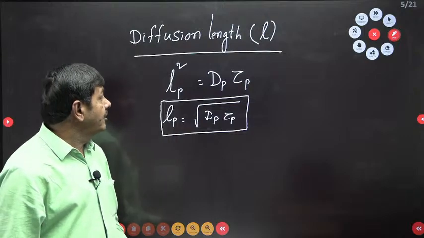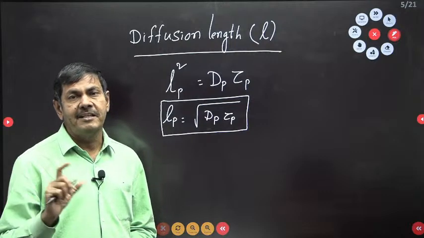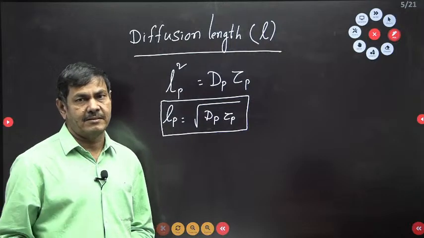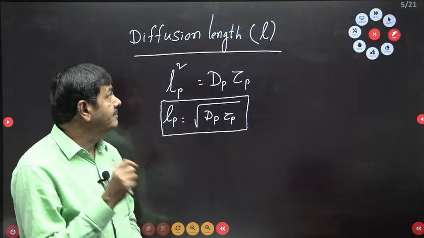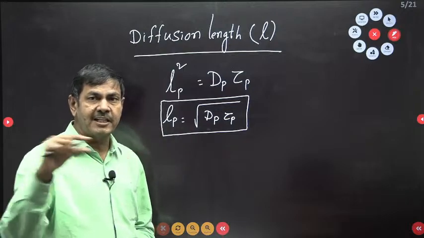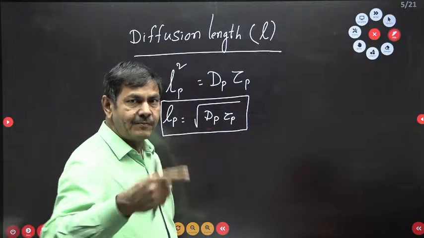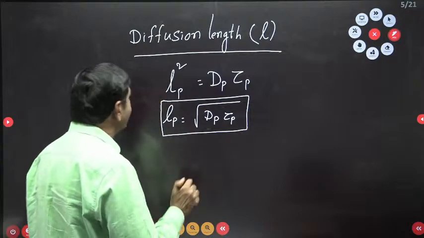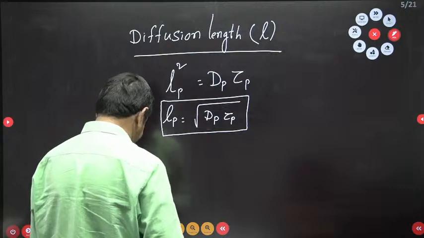So the distance covered by the electron or hole, during its mean free time in the semiconducting material, is said to be the diffusion length. Diffusion length means how long diffusion is done before it recombines. The exact definition we can give like this.